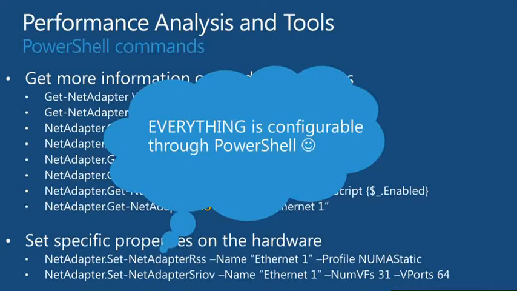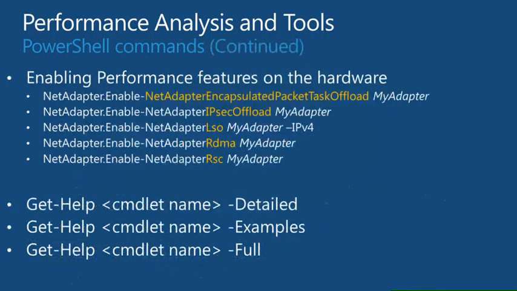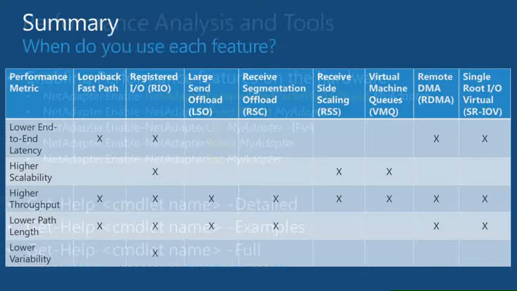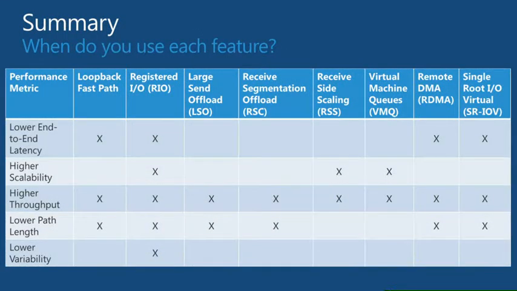So almost everything is configurable using PowerShell. Enabling, disabling features, that can be done using PowerShell again. So according to me, this is kind of the Bible with respect to Windows Server 2012 and performance, right? On the left here, it talks about all the metrics that we spoke about over the course of this presentation. And on the row on the top, it talks about different performance features that we have in Windows Server 2012 and what they enable.